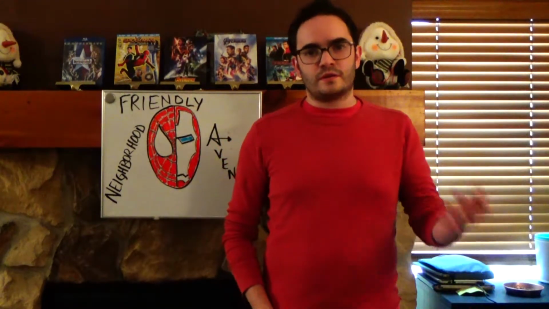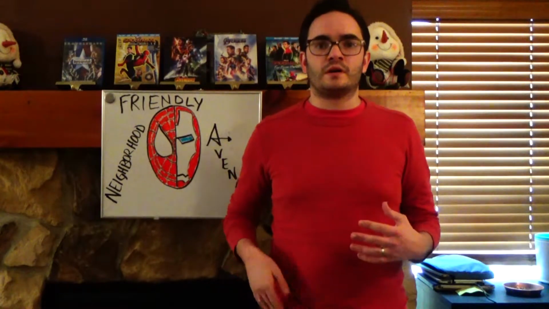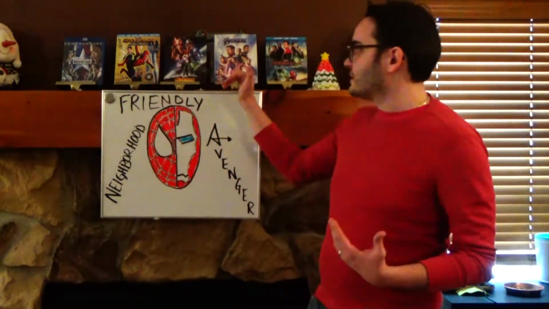And it's pretty great. I didn't talk about Robert Downey Jr. and his relationship with Peter Parker in Spider-Man Homecoming, because I kind of want to save it for the two Avenger films.